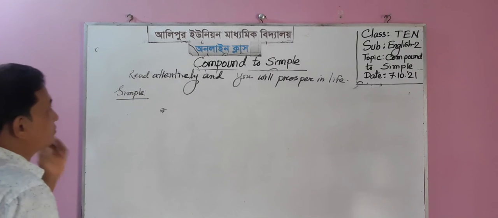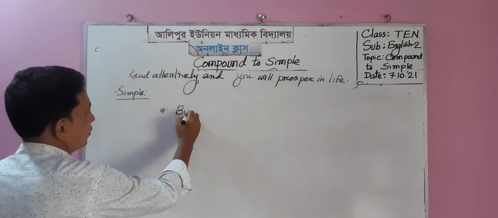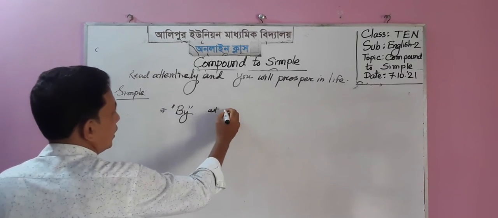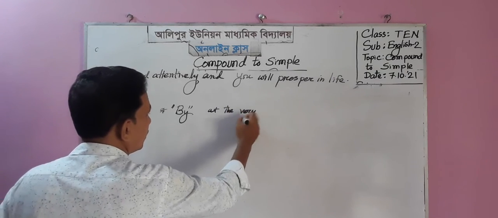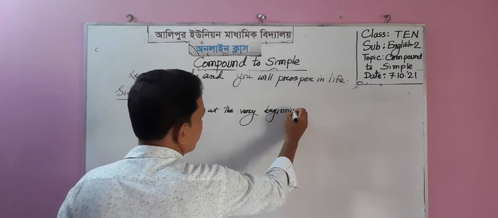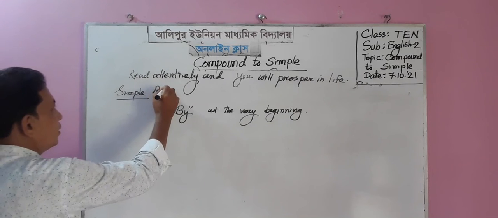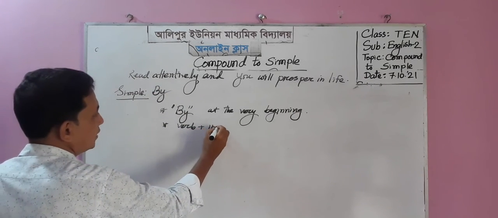In this case, at first, in the simple sentence, we have to use "by" at the very beginning. So I may write here "by", and then verb plus ing.